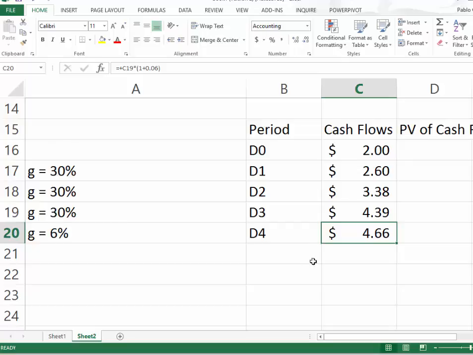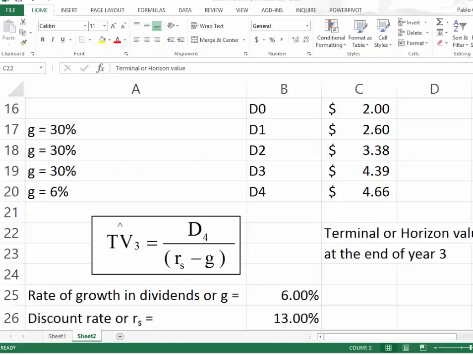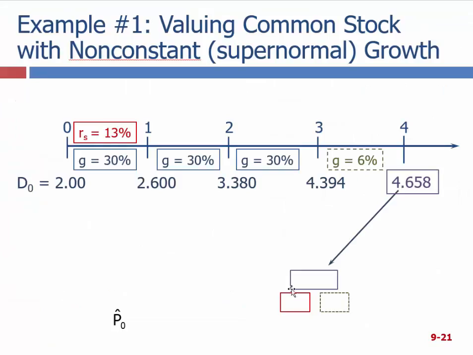Once we have D4, we can estimate the intrinsic value, which we call the terminal or horizon value, the value of the company from this point until the end. So this is using the first case, the constant growth formula. The horizon value at year 3 would be dividends next year over Rs minus G. We found dividends in year 4, so we have D4.